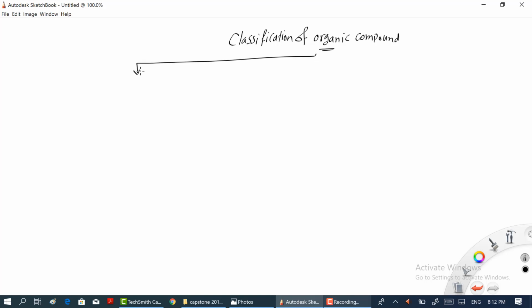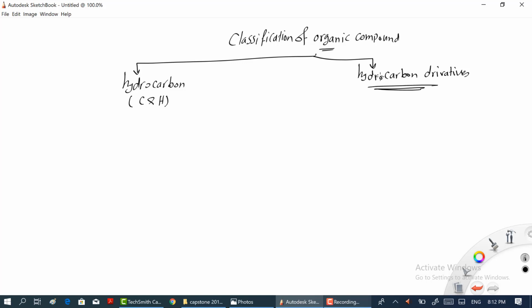So they are classified into hydrocarbons, the compounds that have carbon and hydrogen, and hydrocarbon derivatives, which means the carbon and hydrogen have other atoms, maybe oxygen, maybe nitrogen. This is the second part of organic chemistry that we are going to talk about.